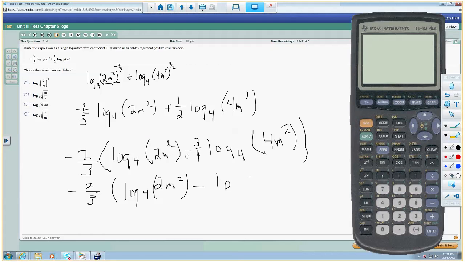If I take the negative 2/3, I'm going to leave it right there. Log base 4 of 4m squared raised to the 3/4.